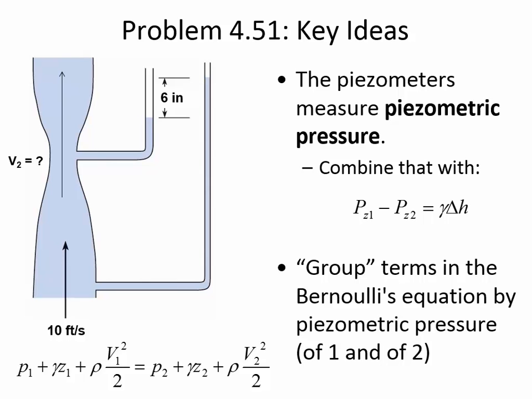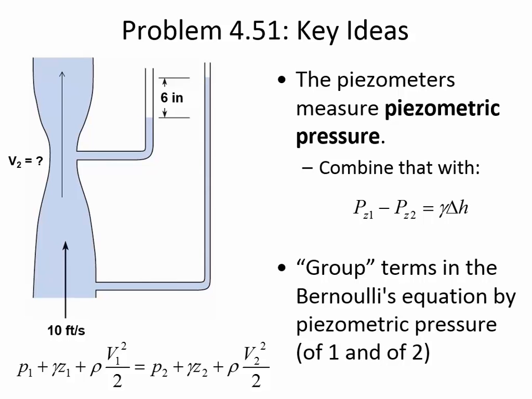So the velocity at the entrance is 10 feet per second. We don't know what the velocity at the throat is. That's what you have to calculate. But what we do know is the difference in pressure between the 2 points. And actually, piezometric pressure, because this difference in pressure would be affected by the fact that they're at different elevations. But the piezometer allows us to say, ignore the fact that they're at different elevations.